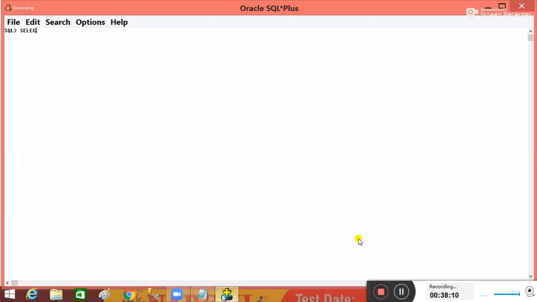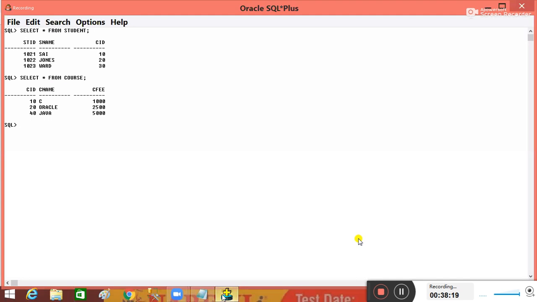Let's say one of my tables is called student and another table is called course. These are the two tables, carefully observe. You have matching data and also unmatching data, so both kinds of information are in these tables. 10 and 10, 10 and 20 are matching data, 30 is unmatching, 40 is unmatching data.